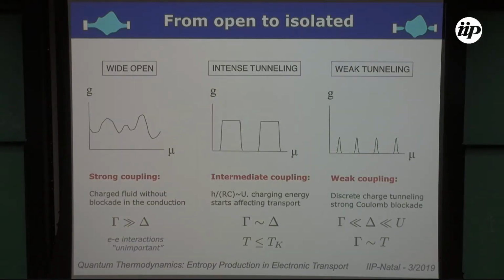So for people that are not familiar with this area, I'm sketching what happens in transport in this kind of systems. I start with the wide open kind of contacts, illustrated there, the strong coupling regime. And these islands of electrons are sort of irregular.